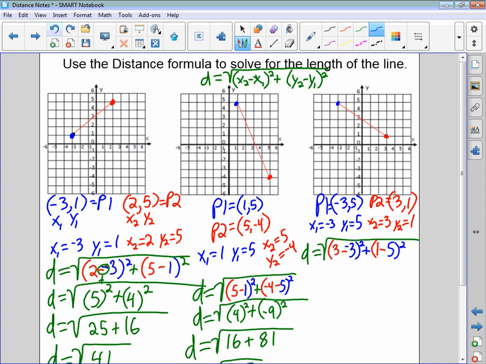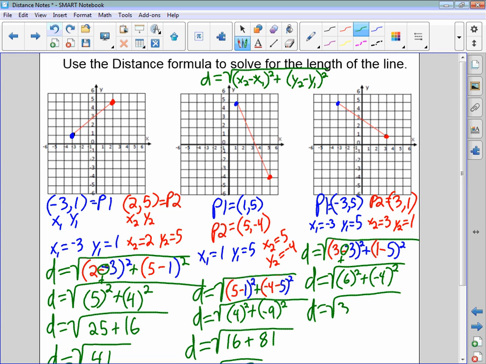So now we have the distance equals 3 minus negative 3. This is going to become a positive, actually. 3 plus 3 gives me the square root of 6 squared, plus 1 minus 5 gives me negative 4 squared. This next step needs to be positive, so I make sure I leave those parentheses there when I put each of these in my calculator.